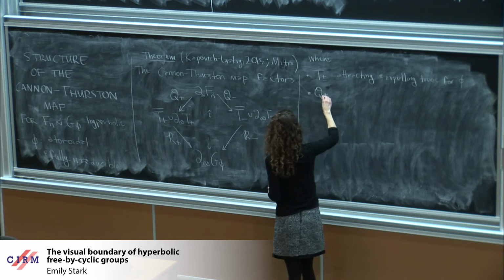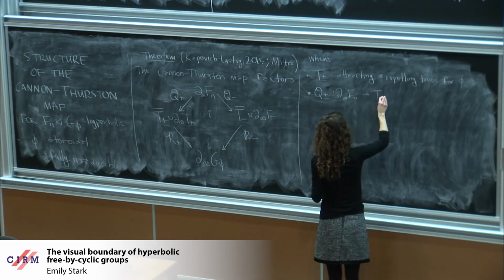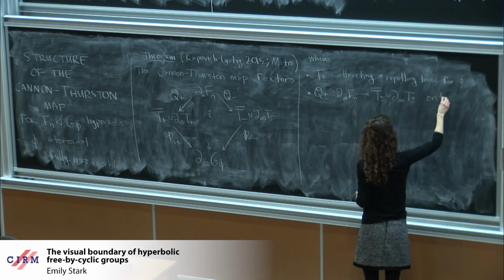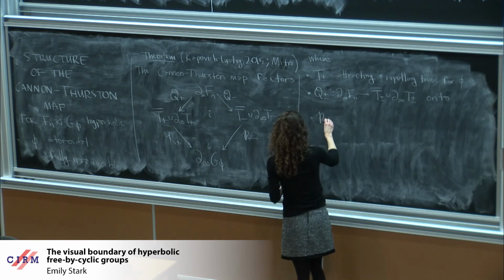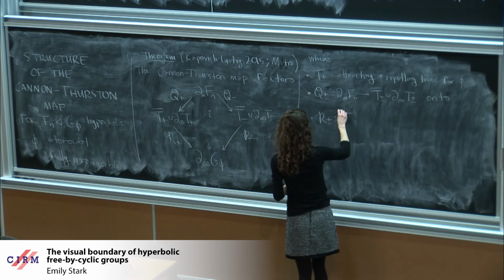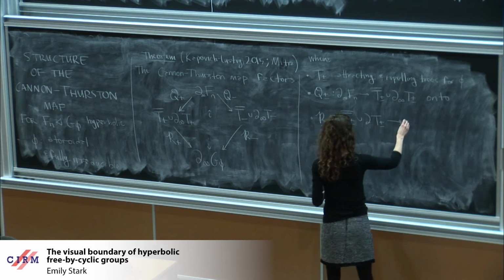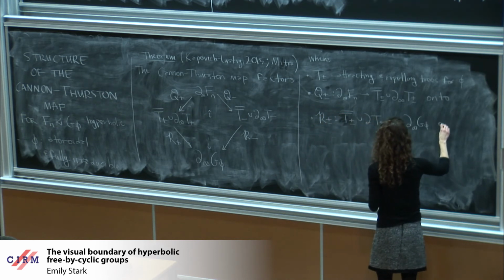The maps Q plus and Q minus from the boundary of the free group to the metric completion of these trees union their boundary are each onto. The maps R plus and R minus from these trees union their boundary to the boundary of the free-by-cyclic group are each onto.